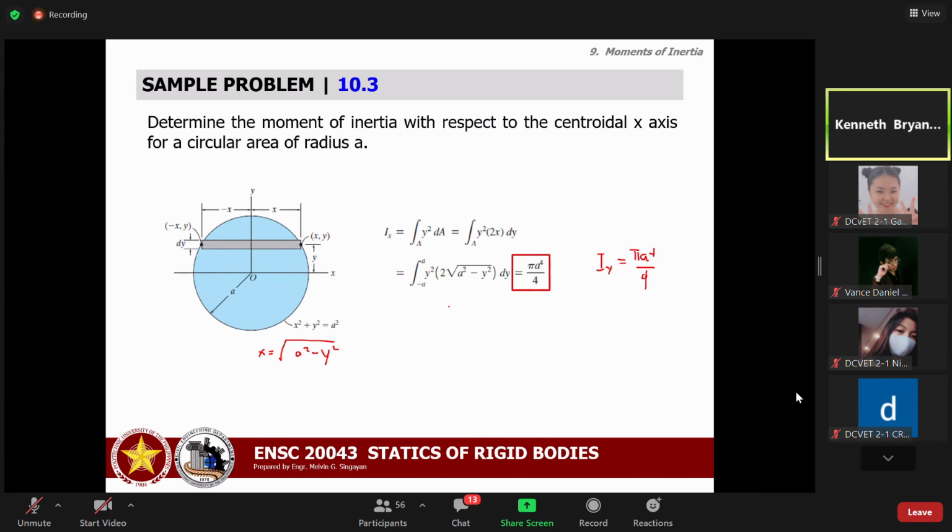Why? Because the section, when you cut it here, is the same as the other section, so you'll get the same result. So Iy is equal to pi a to the fourth over 4 also. And an easier way of solving the moment of inertia of the circular area is using polar coordinates, similar to what we did with centroids. So, any question?